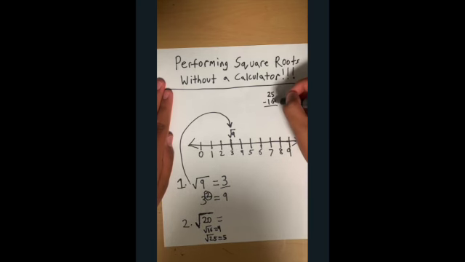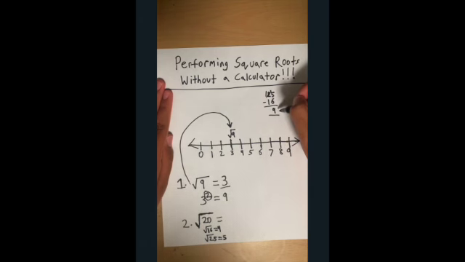Because 15 subtract 6 is going to be 9, and then 1 minus 1 is 0, so 9 will be the answer. So the difference between 25 and 16 is 9.